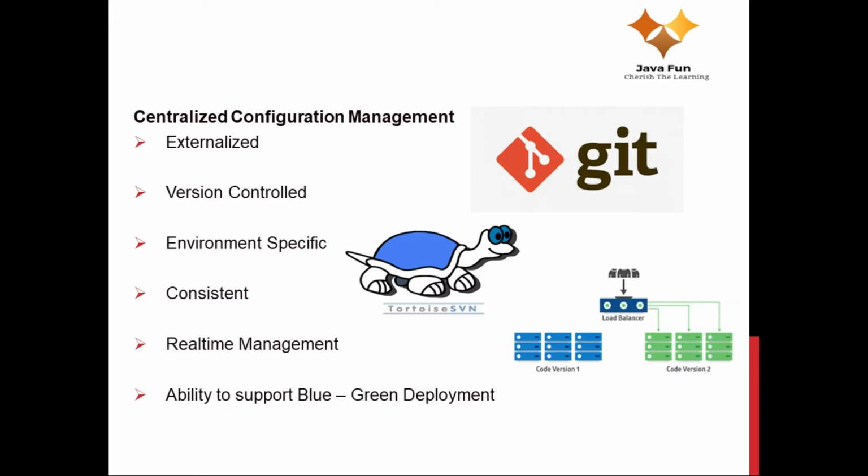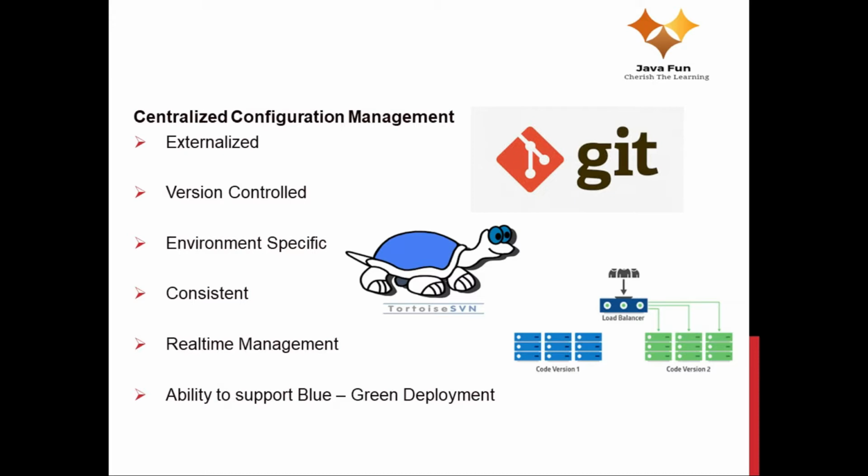So what Spring config server does is it gives you centralized configuration management wherein your properties are centralized at one place, and one or more Spring Boot based microservices can utilize the properties there in your centralized location. Some of the features: properties are externalized, which means that there is a separate service running to manage your properties.